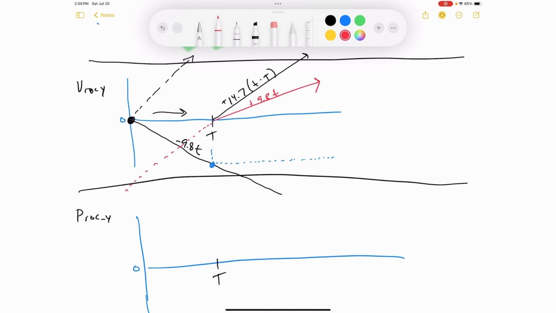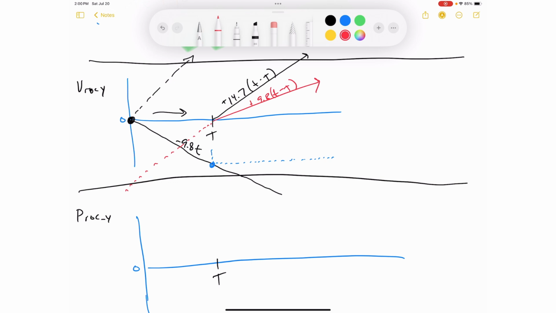Because one's pulling down, negative 9.8, one's pulling up, positive 9.8, and so the net effect is 0. So you're effectively zeroing out this line. Now, you might be thinking to yourself, well, if you add this also, it's 9.8 times (t minus T), right? Because you have to shift it over. You have to shift it over.